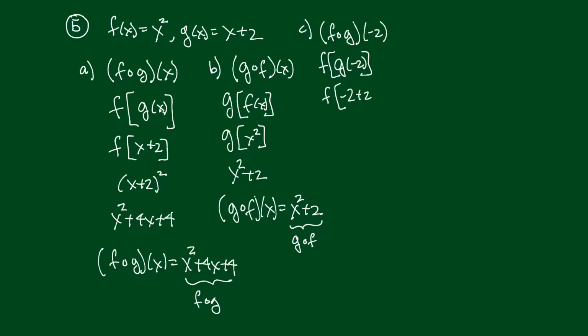It looks like this. F of negative 2 plus 2. So it's f of 0. Now what do you do with a 0? Well, you process that with f. So come over to f, right up here, and what does it say to do? It says whatever you bring in, 0, square it. So you get 0 squared, which is 0. Now, that was using this definition here. If I do this directly with this one, I know what f of g is.